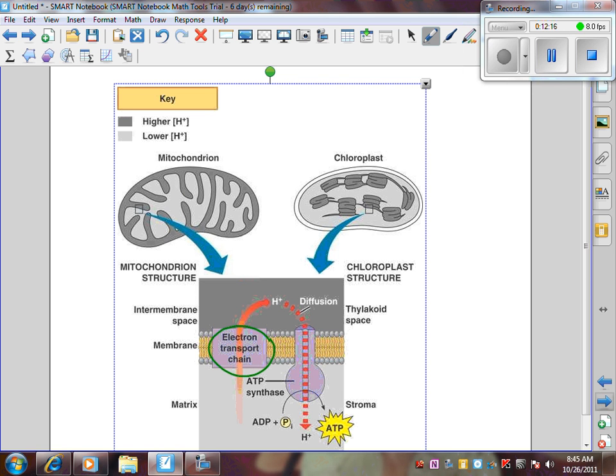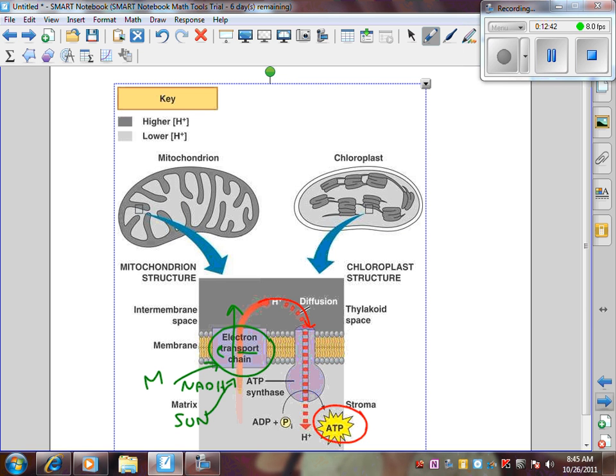If we're talking mitochondria, what powers the electron transport chain is going to be our NADH, right? If we're talking about powering the electron transport chain for plants, it's going to be the sun, right? Regardless, we're going to allow electrons to move through proteins and pump H pluses into a specific area. And then we're going to allow them to do a facilitated diffusion process back through ATP synthase to produce ATP.